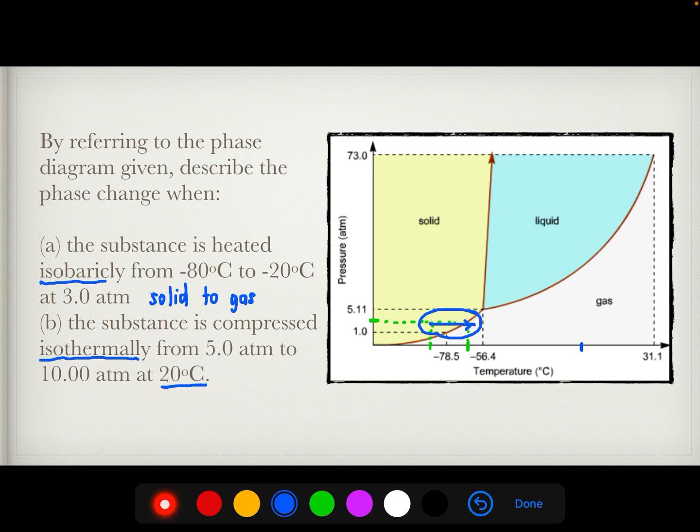The substance is compressed from 5 atm, which is around here, a bit below 5.11, until 10, which is a bit above 5.